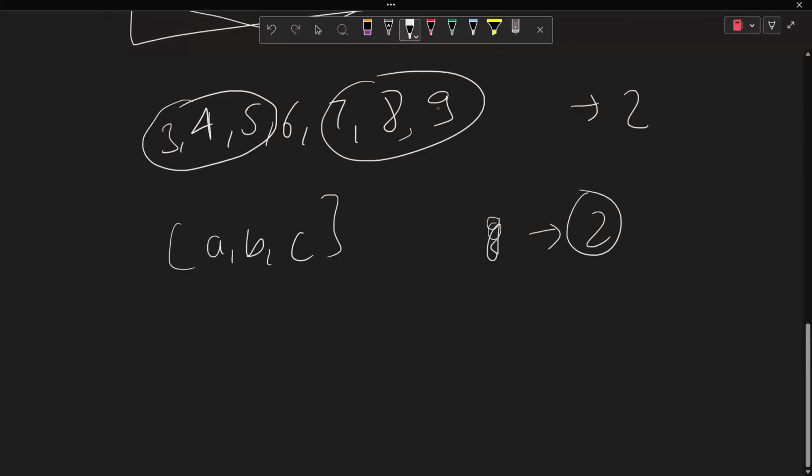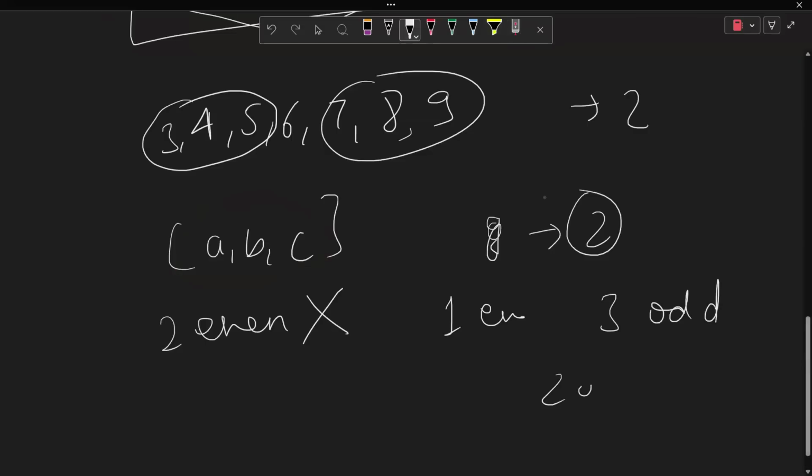So you can notice, obviously, that you cannot have two even integers. You can at max have one even integer. If you have two even integers, their GCD would not be 1, and they would not satisfy the condition. So in the set of these three integers, at max there can be one even integer, not more than that. So either you have three odd integers or two odd integers and one even. These are the only two possibilities.